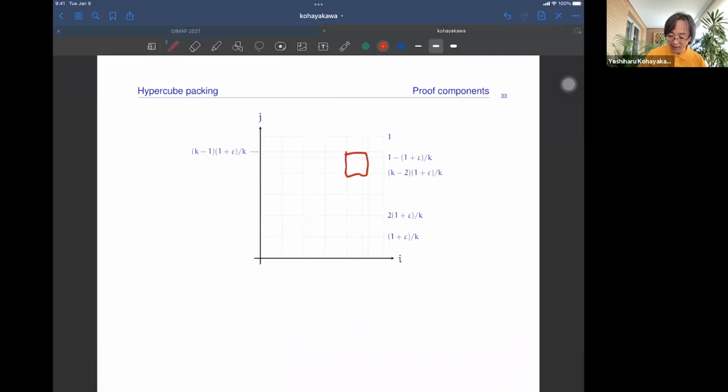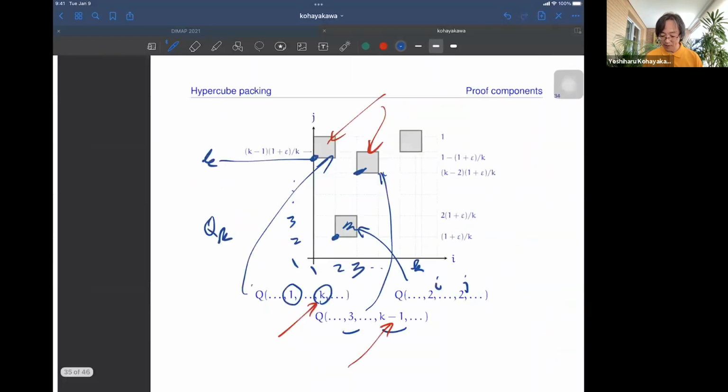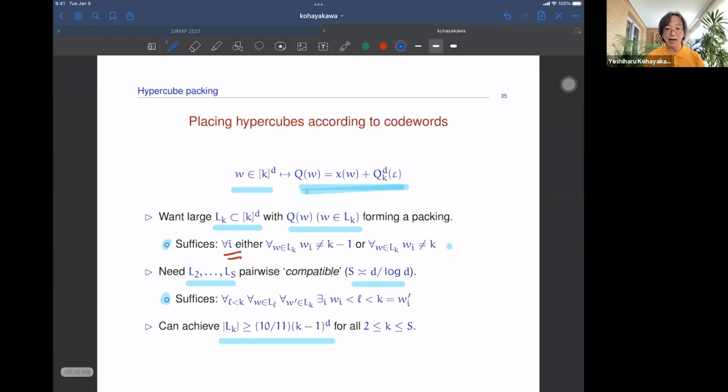So you cannot have this guy and you cannot have this guy. So in this coordinate J, this is K minus 1 and this is K, right? You don't want to have that in some fixed coordinate, in this case coordinate J. So for every I, you decide to avoid either K or K minus 1.